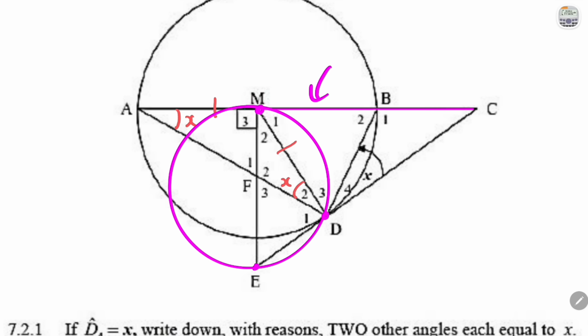So if we can find that the angle between this line MC, which we're trying to prove is a tangent, and MD, which is a chord, is equal to the angle at the circumference of the circle subtended by the same chord, then MC is actually a tangent. So if the tan chord theorem is true here, this has to be a tangent.